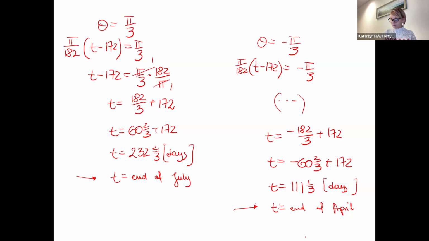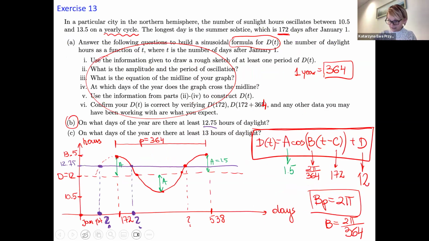Okay, let's put these values in, and I hope they make sense. One of them is 111 and 1/3 of the day, which makes sense.